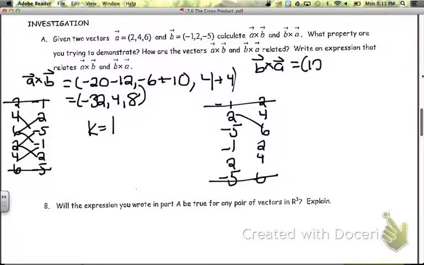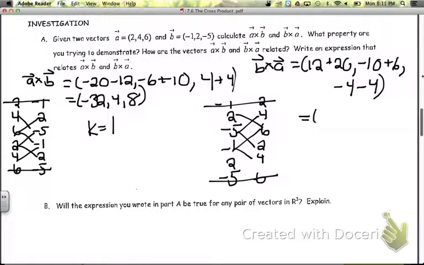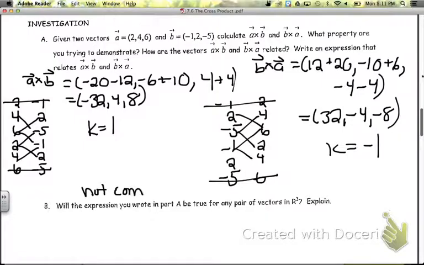So we have 12 minus negative 20, so that's plus 20, and then we have negative 10 minus negative 6, so that's plus 6, and then negative 4 minus 4. So this is equal to 32, negative 4, and negative 8. So therefore our k is equal to negative 1, and therefore we know this is not commutative.